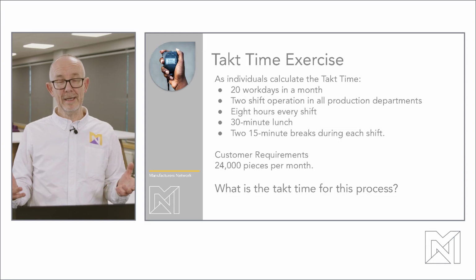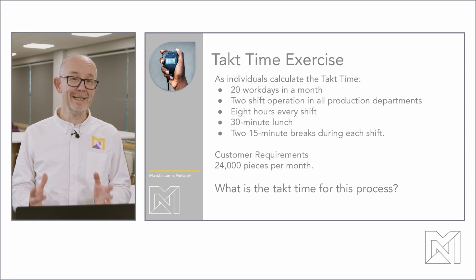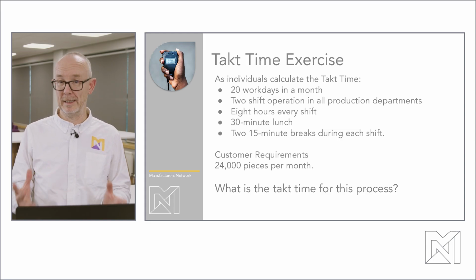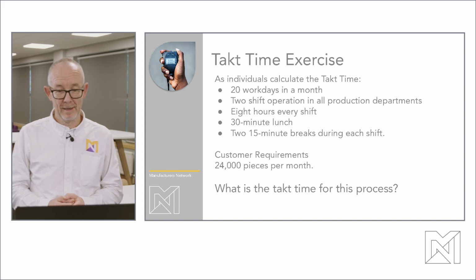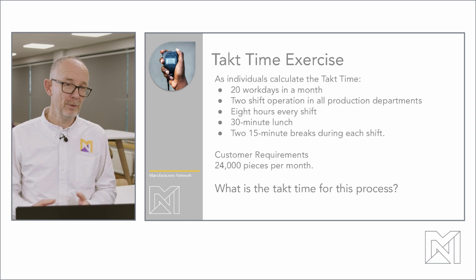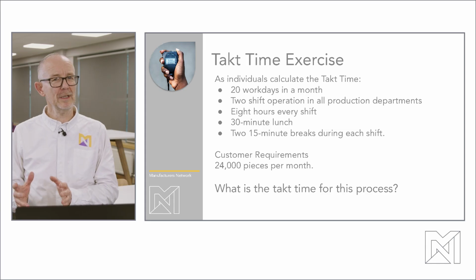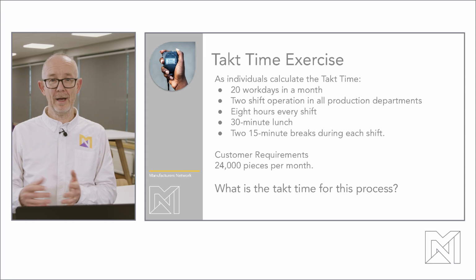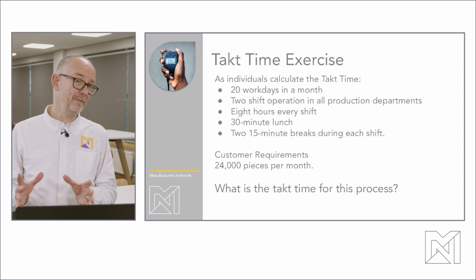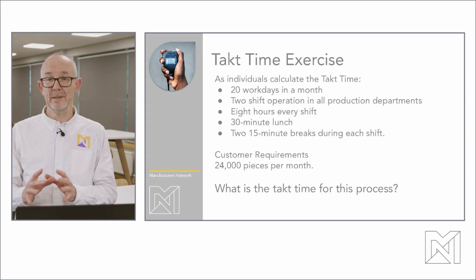So in this situation, we've got 20 work days in a month, and we're running a 2-shift system. The shifts are 8 hours, but we need to net off what's the truly available time for production. So if we stop for lunch, then we take off that time.